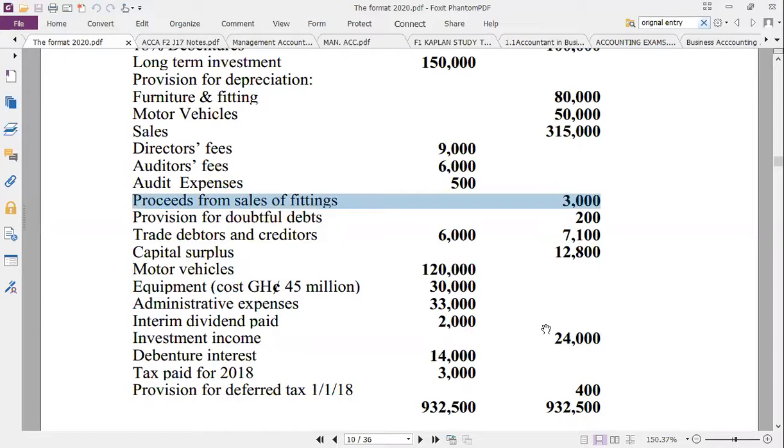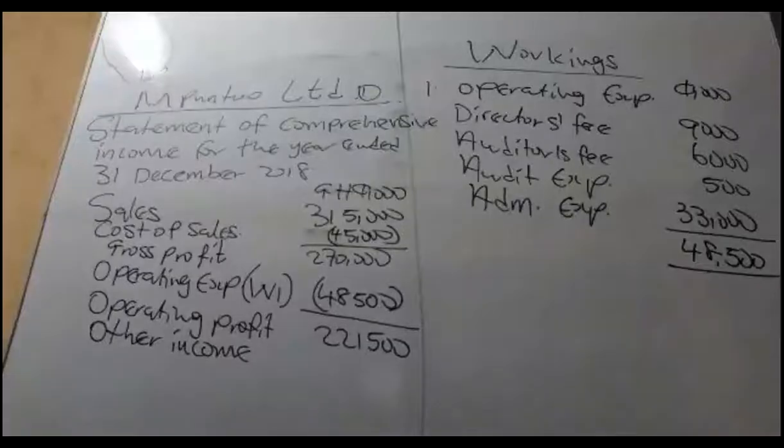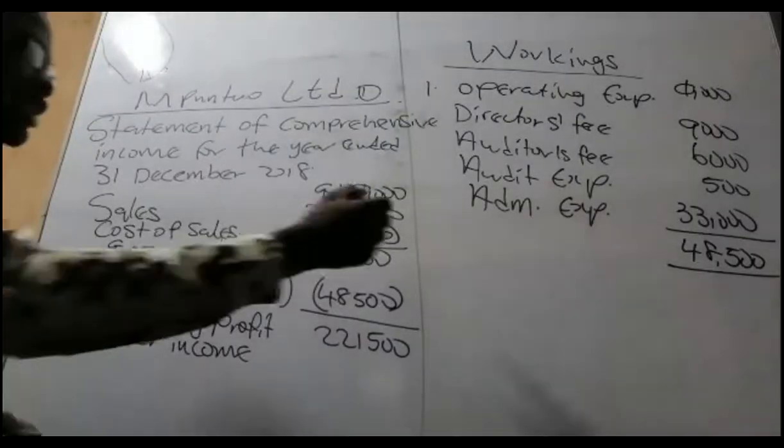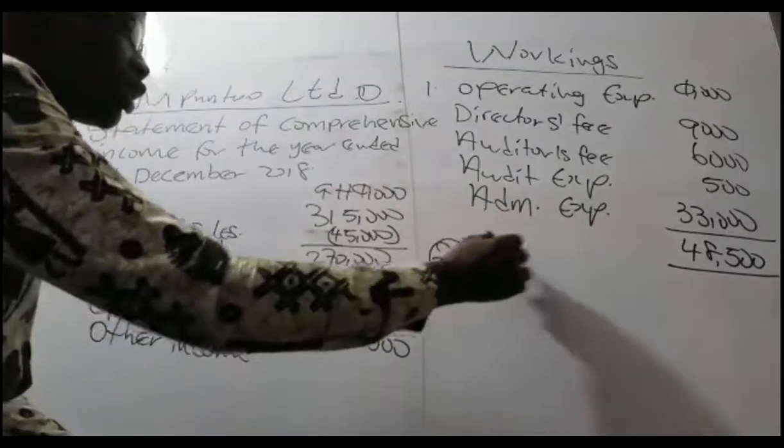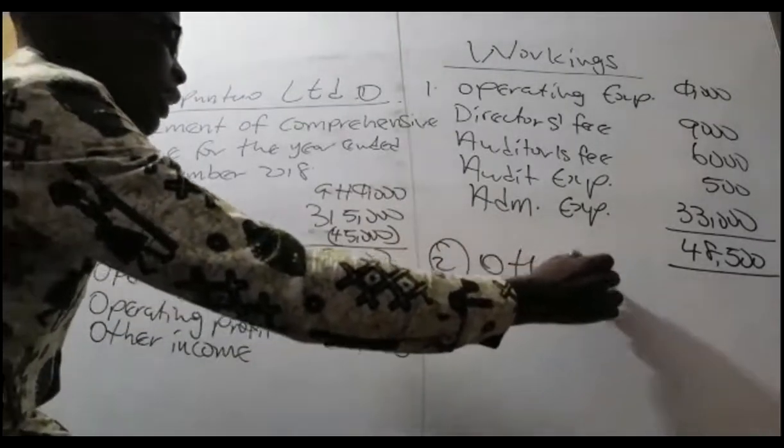Some may be in the footnotes, but now we are not tackling any figure in the footnotes. We are just considering the trial balance. Then we start the footnotes one after the other. So we do workings and add this 3,000 to this 24,000, get 27,000. Then we are done with the other income. So workings number two, other income.